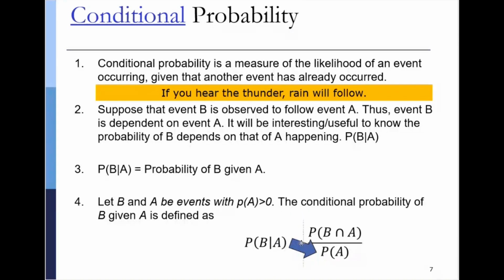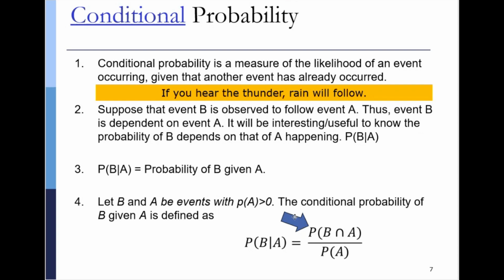So you observe the weather when there is a thunder. Every time there's a thunder, you count how many times. And then you also count every time there is a thunder and there must be rain. If thunder, no rain, you don't count. Thunder and rain only you count.